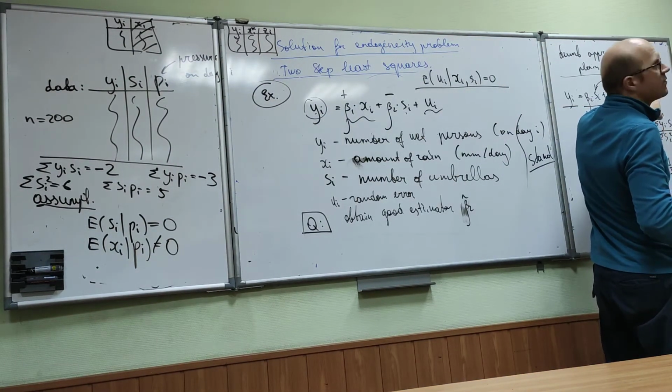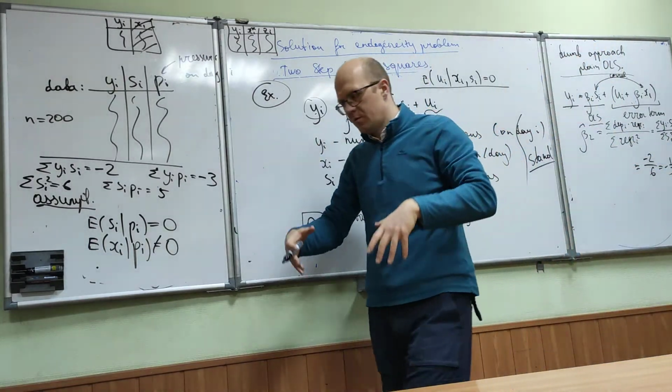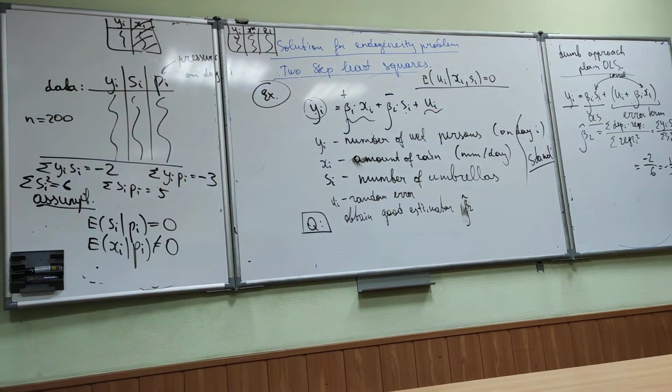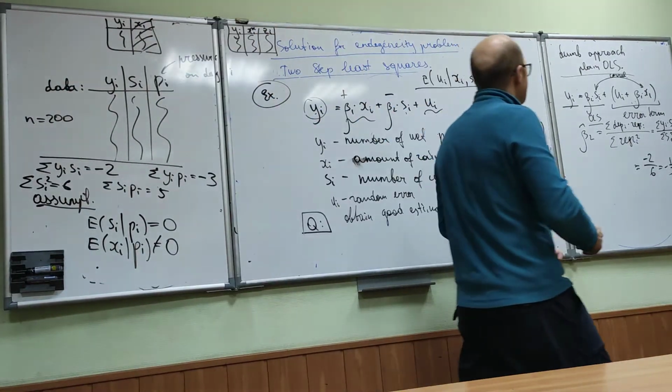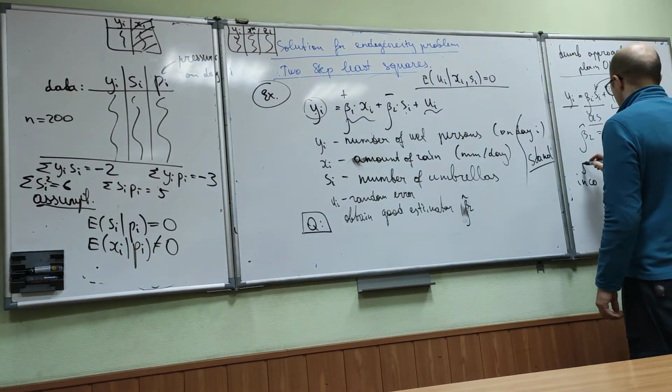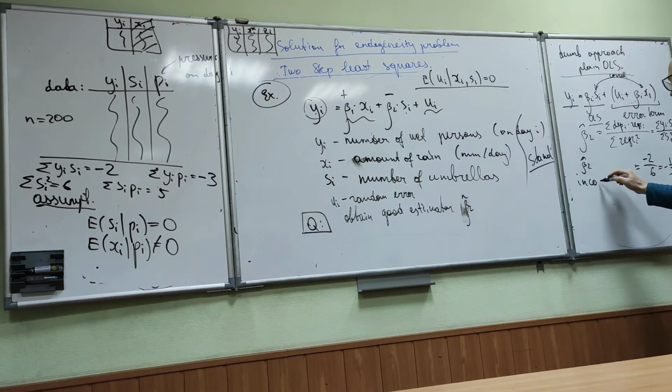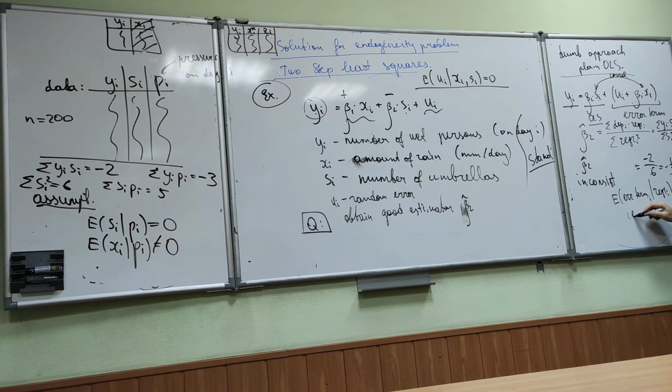Because the greater is x, the greater is the amount of rain, and more persons with umbrellas are in the street. So this approach is inconsistent. So beta 2 hat is inconsistent. You can estimate it using OLS, but it's a bad estimator because the expected value of the error term given your regressor is not zero. This is called endogeneity.